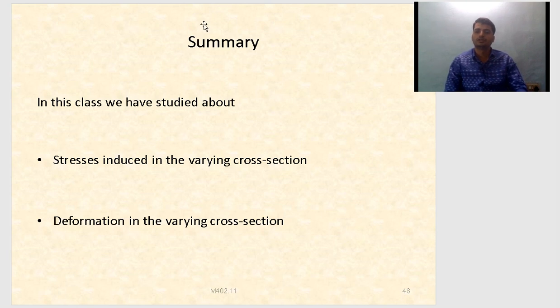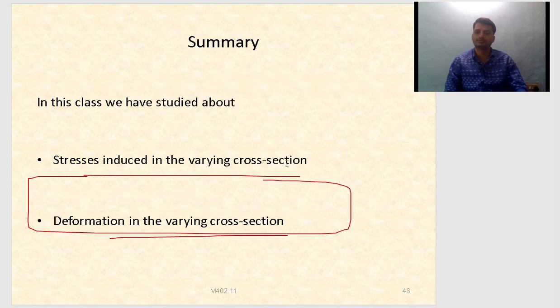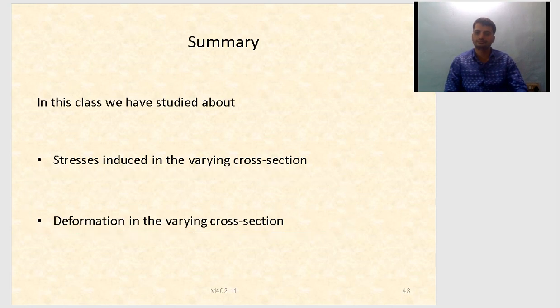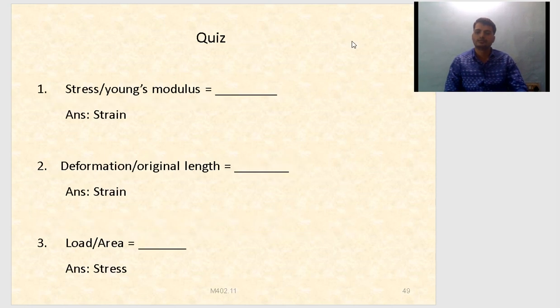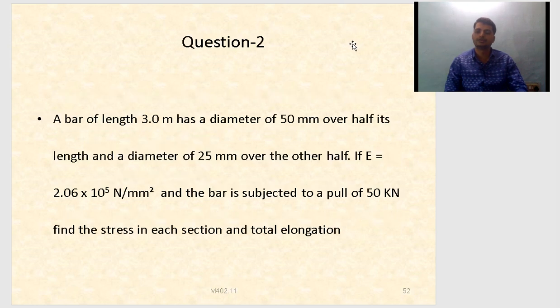So till now we have learned different types of stresses, including the variation of cross sections and deformation of various cross sections. This is the formula used for total elongation for different cross-section areas.